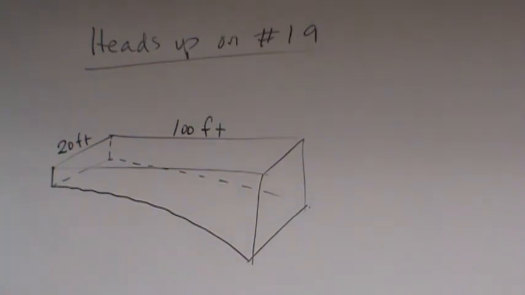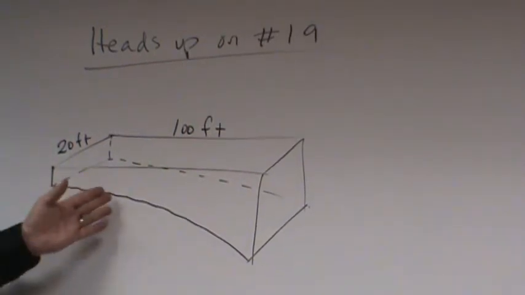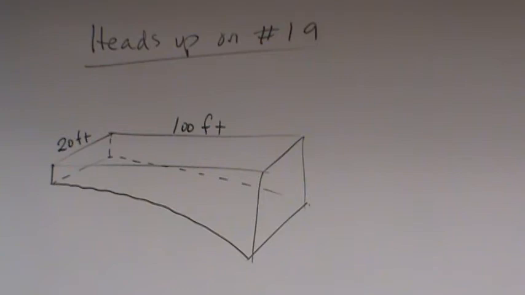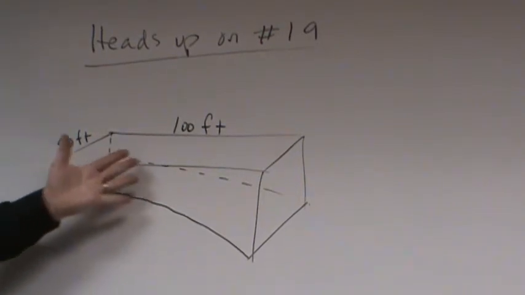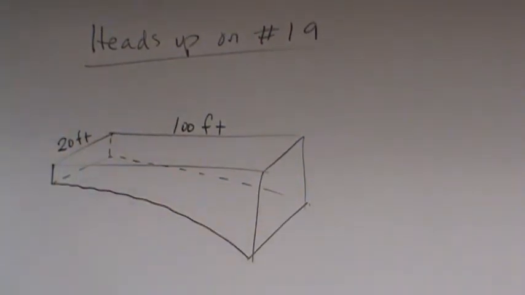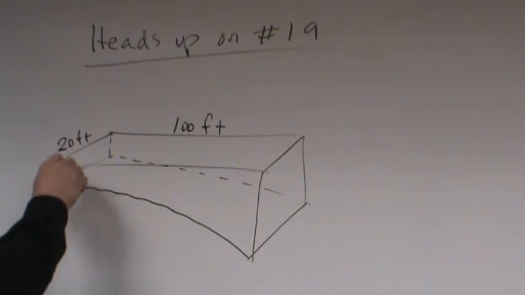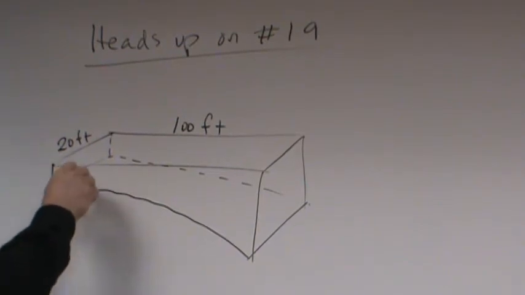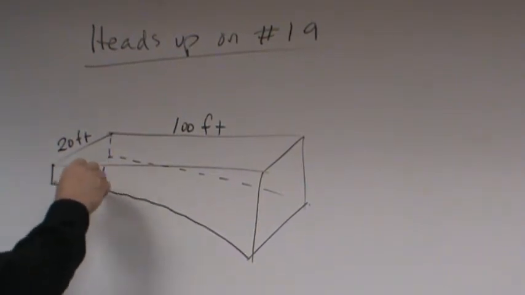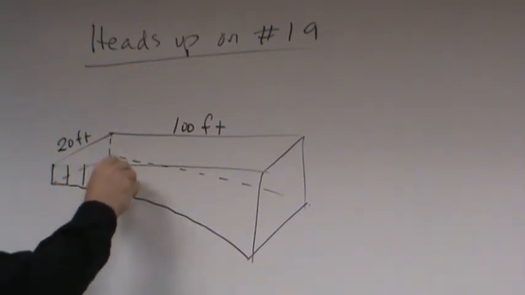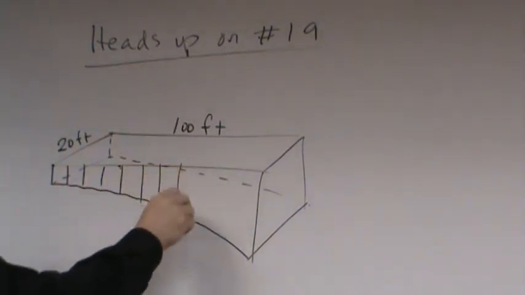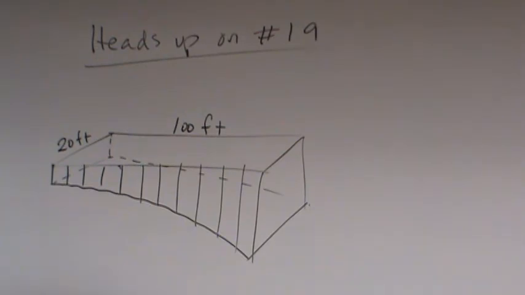No, 6 feet. Well, anyway, I want to get the total volume of this pool, okay? At the very end, I happen to know what the depths are. That's like 1, 2, 3, 4, 5, 6, 7, 8, 9, 10. I happen to know what all of these depths are.